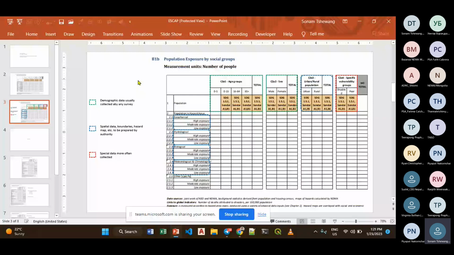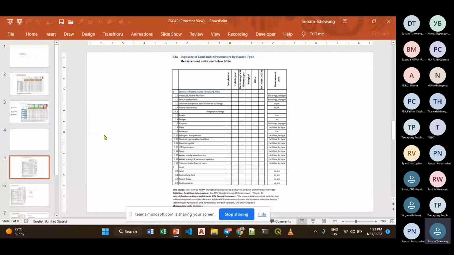And the next table, B2A, is the exposure of land and infrastructure by hazard. As I said, hazard mapping can be done by the office having the relevant mandate, while for the infrastructure on the ground, the spatial data again resides with different agencies.